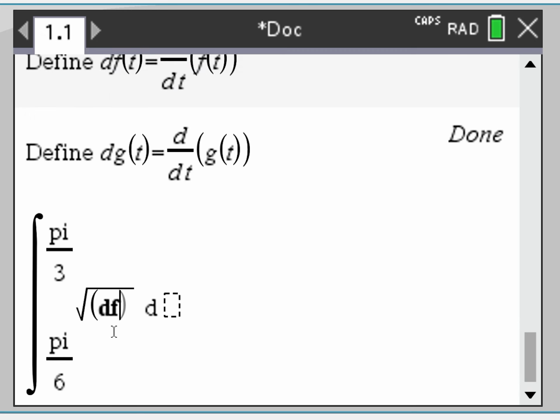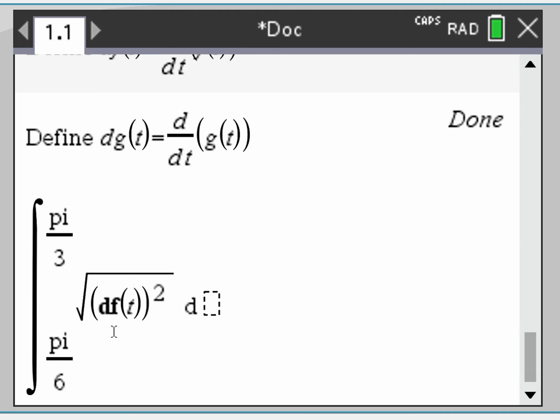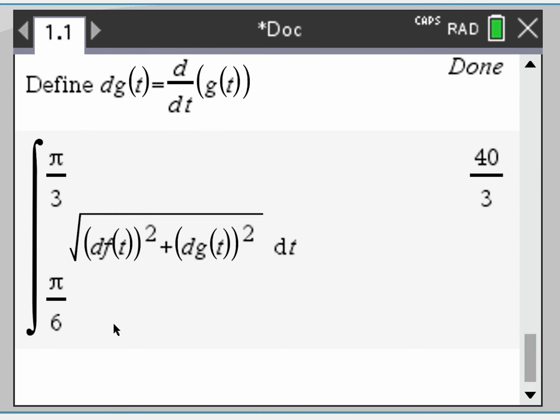So we'll have f'(t) whole squared plus g'(t) whole squared, and that gives 40 on 3. So this is the actual arc length that we have, and now we will substitute all of the other integrals.